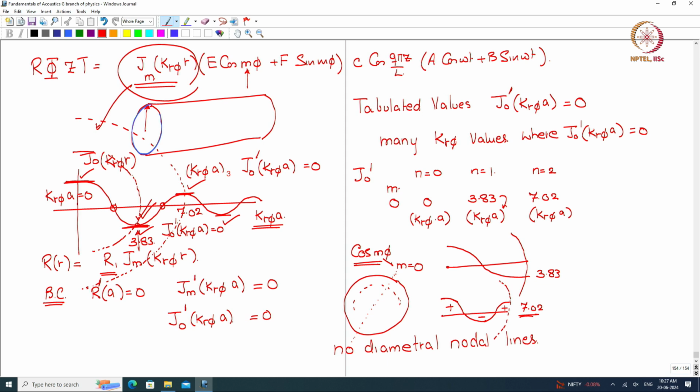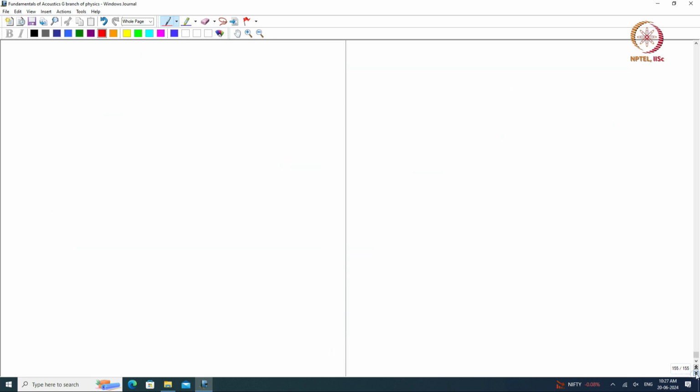Okay. If m equal to 1 now, let us see m equal to 1. Then we are talking J1. Okay. How does J1 look like? J1 starts off at a 0, goes to a peak, goes through a 0, goes through a peak, goes through a 0, goes through a peak, and oscillates. Okay.